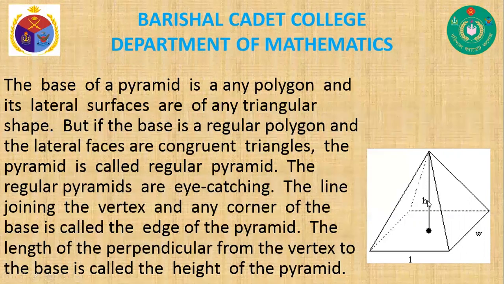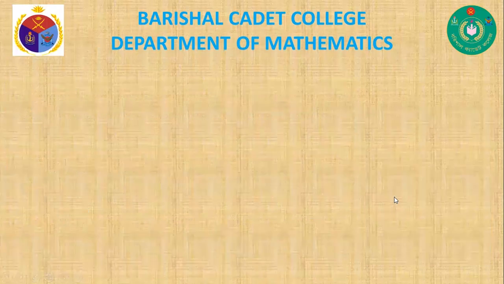I have drawn a perpendicular on the base and it is named ace. So here ace is the height of the pyramid. I am repeating again: the line joining the vertex and any point, it may be this point or this point or that point, these lines are called the edges of the pyramid. And the perpendicular drawn from the vertex on the base is called the height of the pyramid.